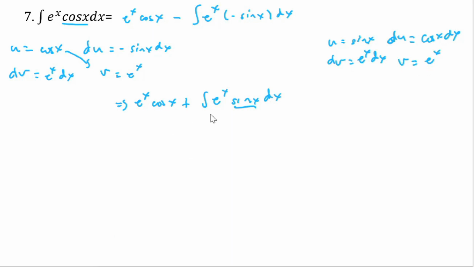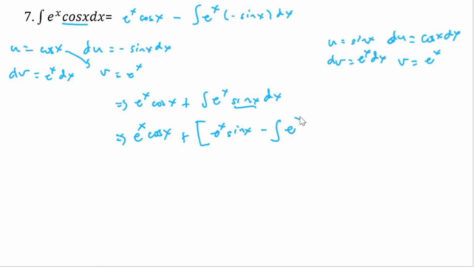So solving now for the integration of the second term, I will copy first the product of uv of the first term. We have e raised to x cosine x plus we have the product of uv. We have now e raised to x sine x minus the integral of v du.